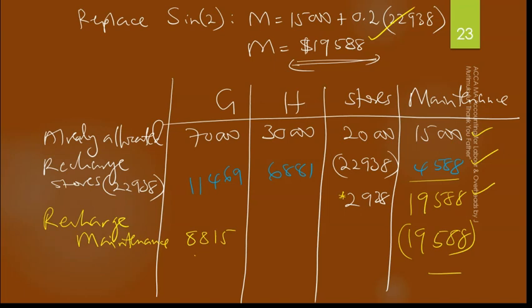Okay, and then the 40% of 19,588 should be, let me just calculate, 7,835. Then lastly, the 15% of 19,588 is 2,938.